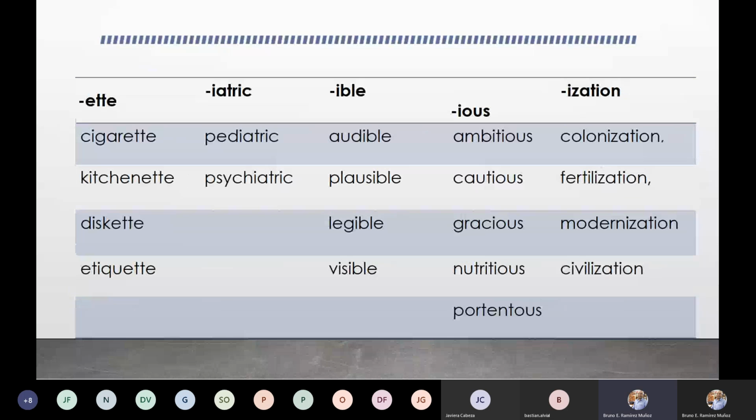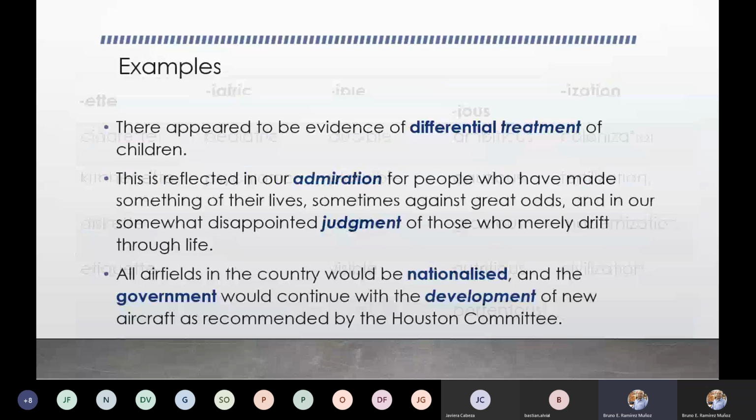See, I chose some examples here, and I put them in context in the following slide. There appear to be evidence of differential treatment of children. So I have differential, treatment. As you can see, in this example, in the first one, I'm using the words that I found.